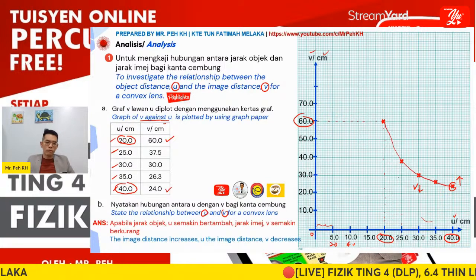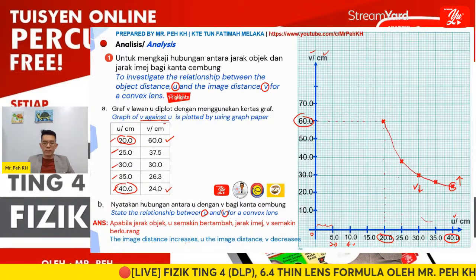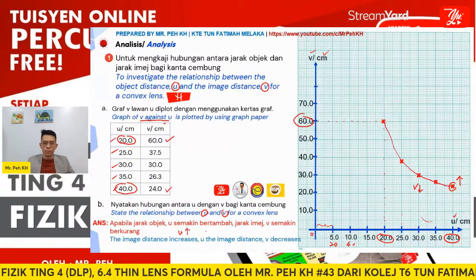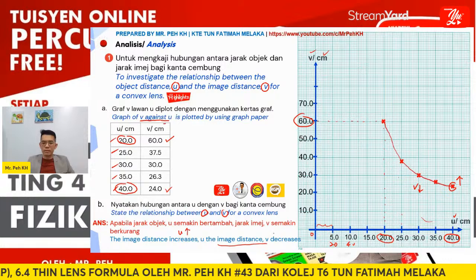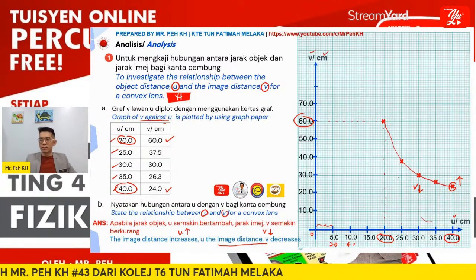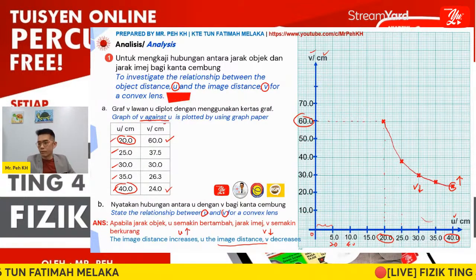So the answer for the relationship between U and V is: when U increases, your image distance V decreases.